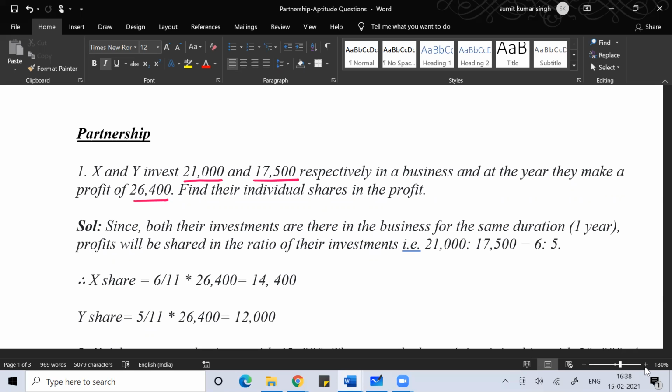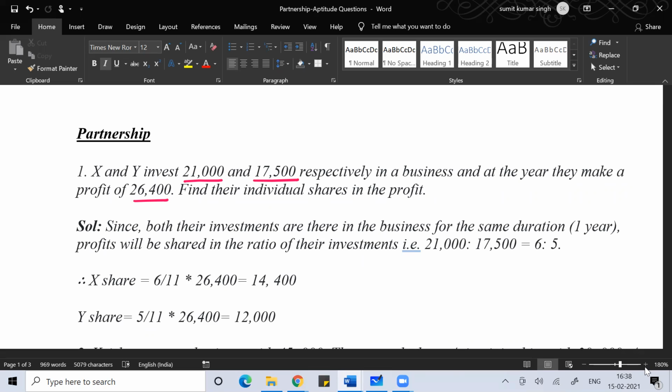Because the time period is not mentioned, I'm assuming that both of them have invested for 12 months. The nature of involvement is also not mentioned, so I'm assuming that both are working partners in the business.